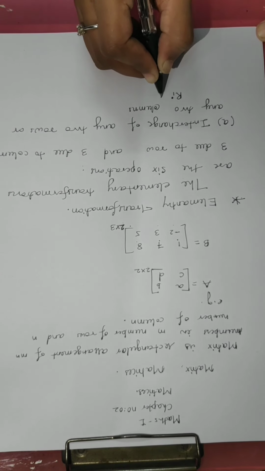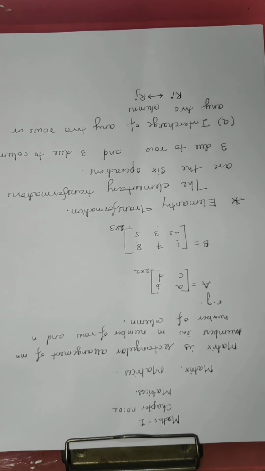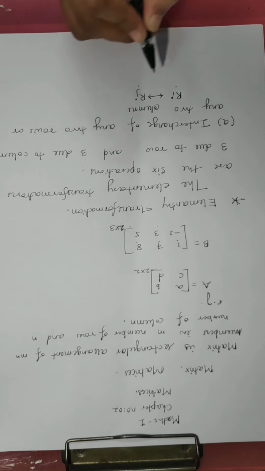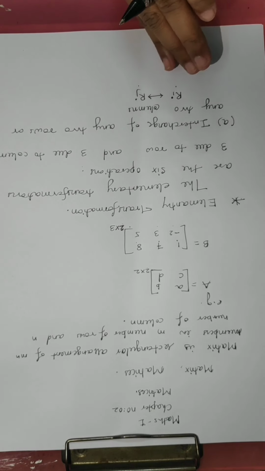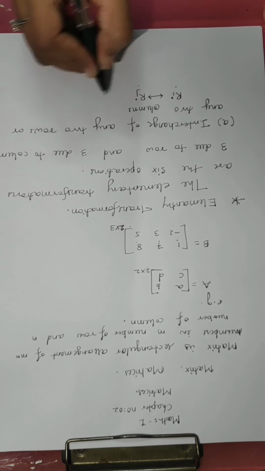Ri interchanges with Rj. That means what? The ith row and jth row are interchanged with each other. So when we go for the exercise, this topic will be more clear to you. So Ri interchanges with Rj, that means ith row and jth row are interchanging with each other.